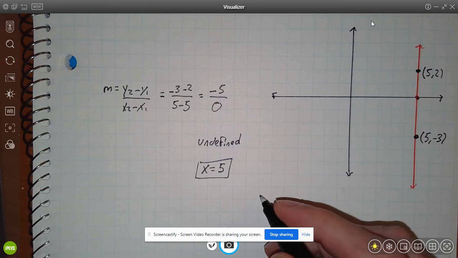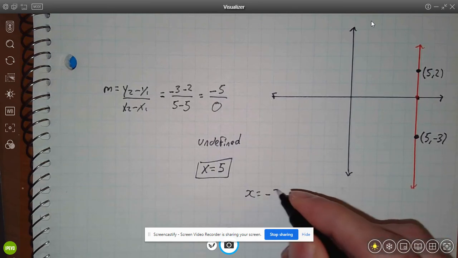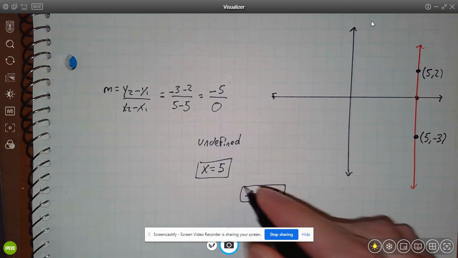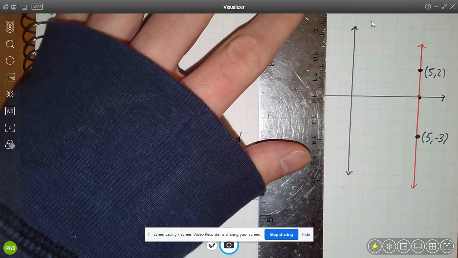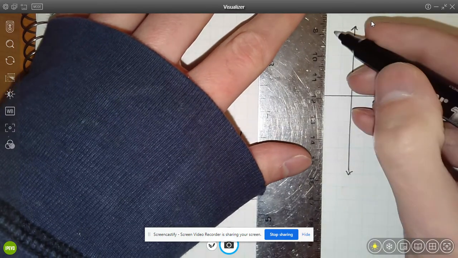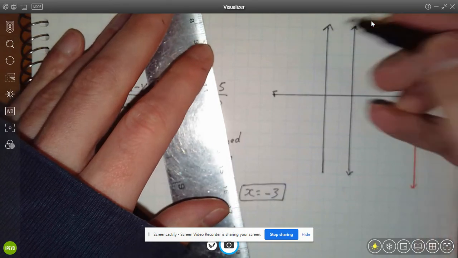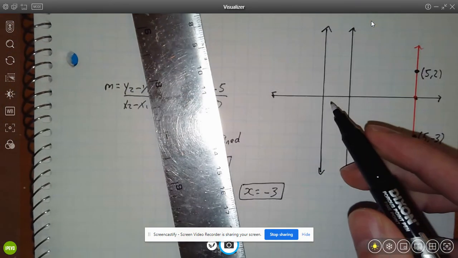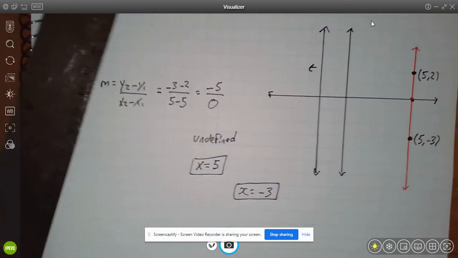So for example, if I have the equation x equals -3, well, right away, I know that's a vertical line, and x is always going to be equal to -3 at every point in the line. I think I actually drew that at -2, so let's move that over 1. But that's our idea.